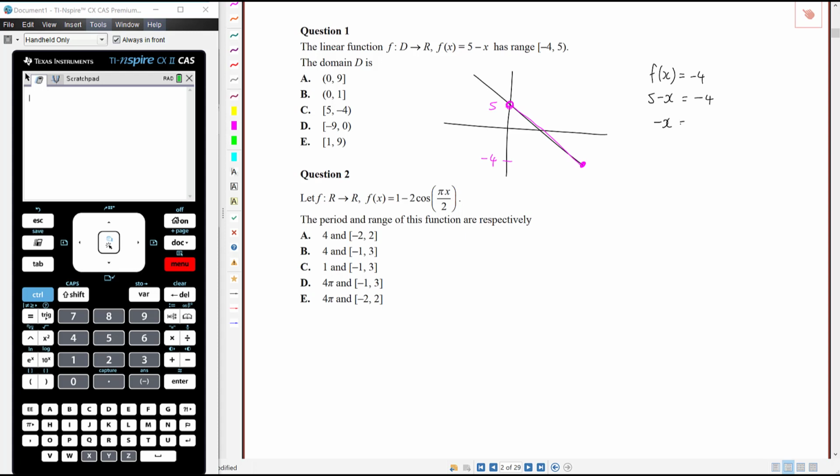So negative x equals -9, and x is 9. So this is clearly the point (9, -4), and that's an included point, and this is the point (0, 5), and that's a not included point. So the domain goes from 0, not included, up to 9, which is included. So the answer here should be option A.